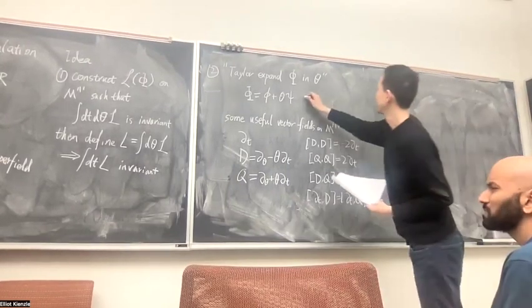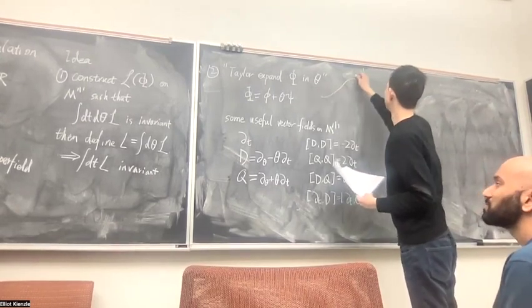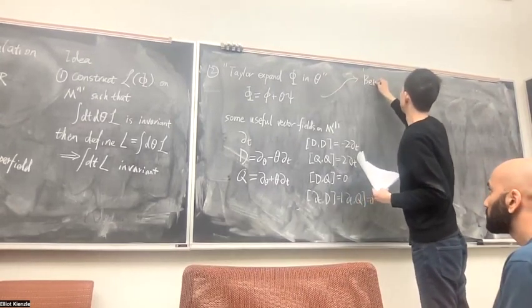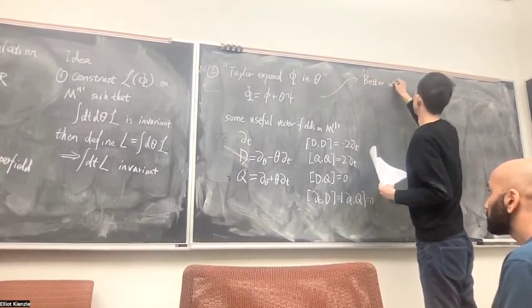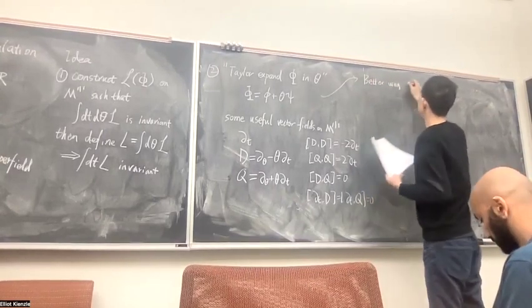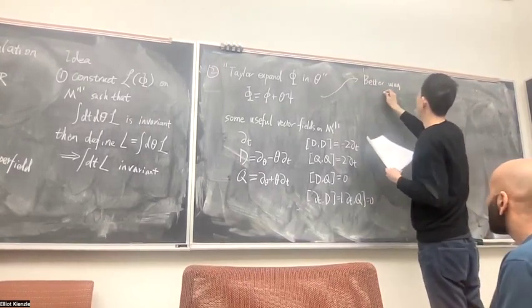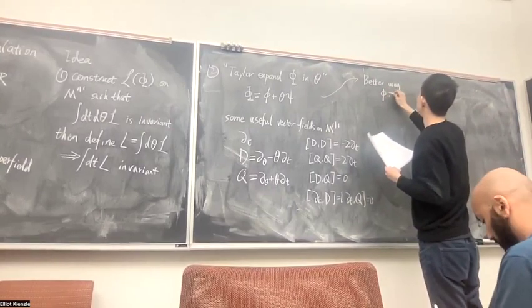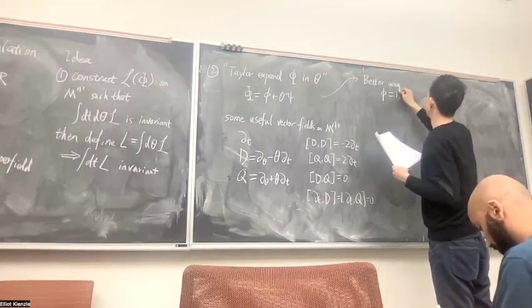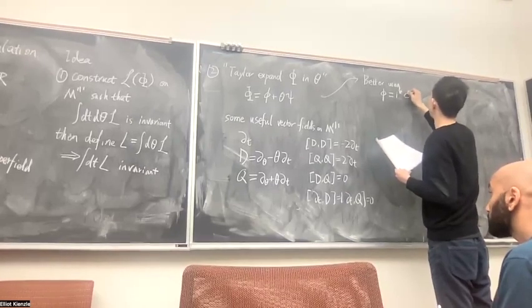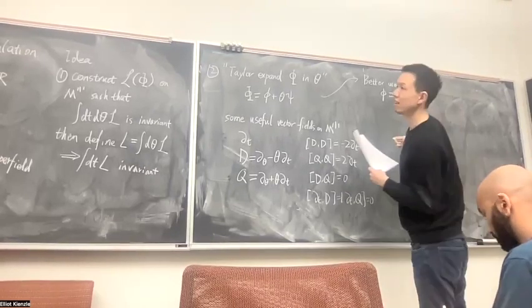So continuing this, a better way to do this is to say that phi is equal to i star pullback of this capital phi.